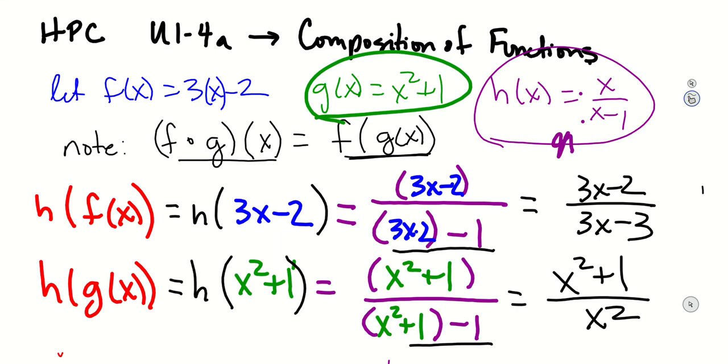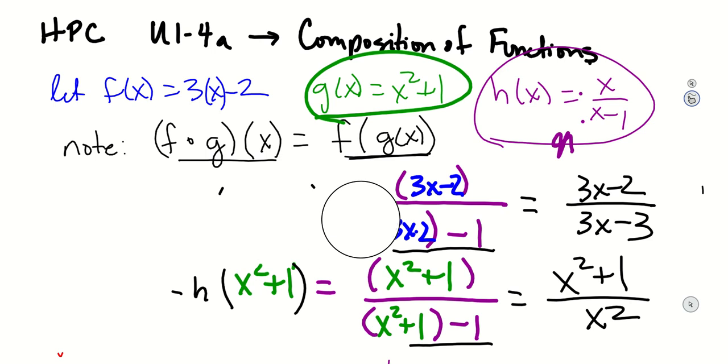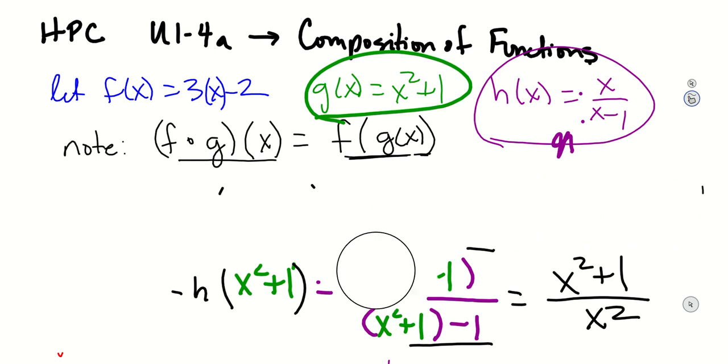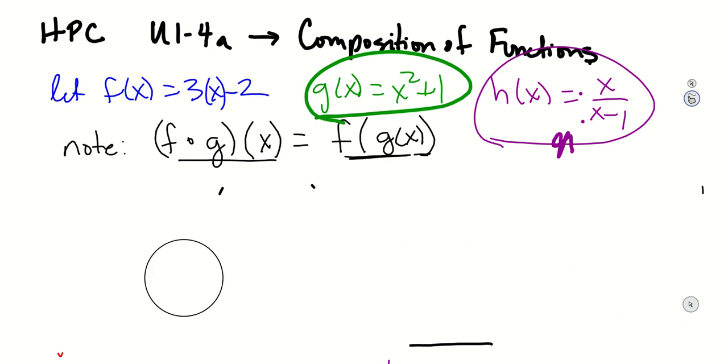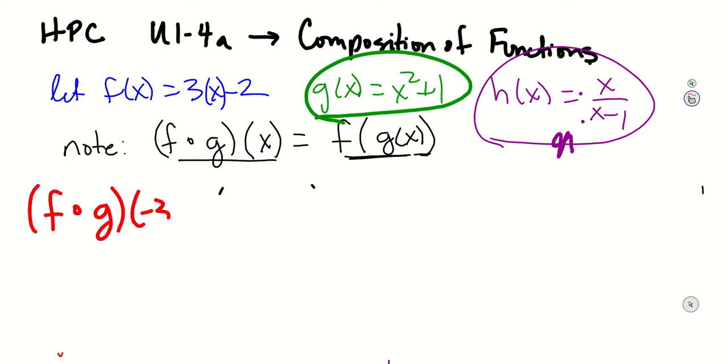Let's take another example where we have a number, and what you do for homework is actually going to start with this. We're going to erase all of this, and this time we are going to find f of g of negative 3.